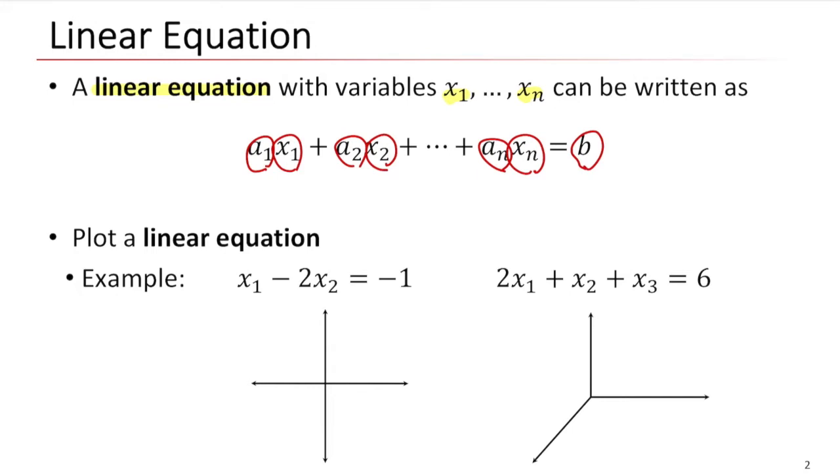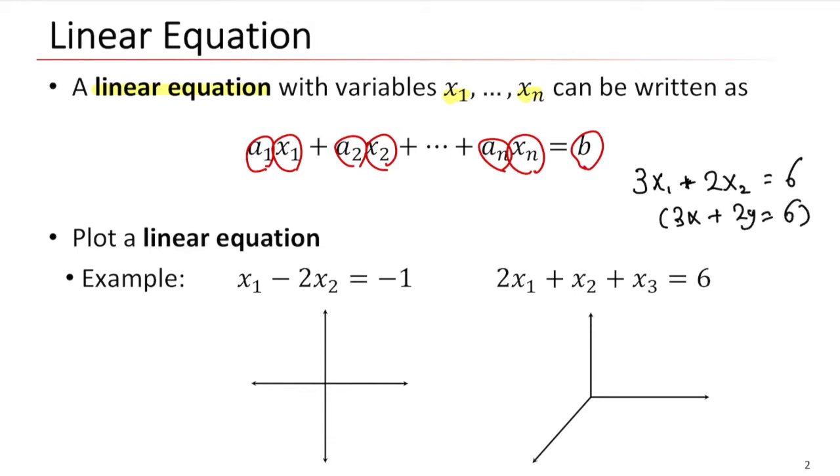Okay, let me show some examples. Let's say there is 3x1 plus 2x2 equals 6. This is an example of a linear equation. Maybe you are more familiar with a notation like 3x plus 2y equals 0.